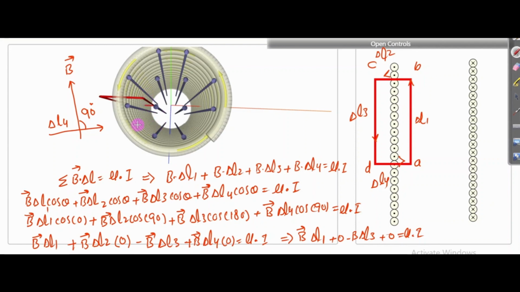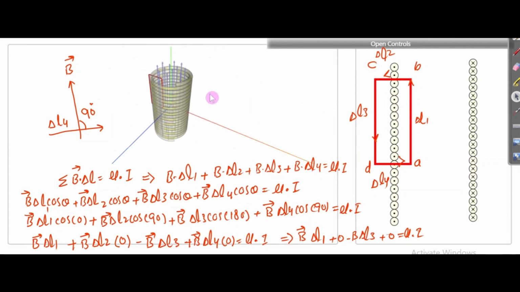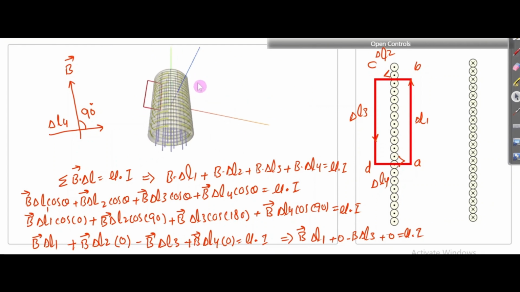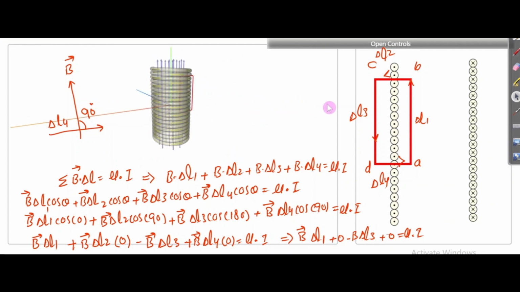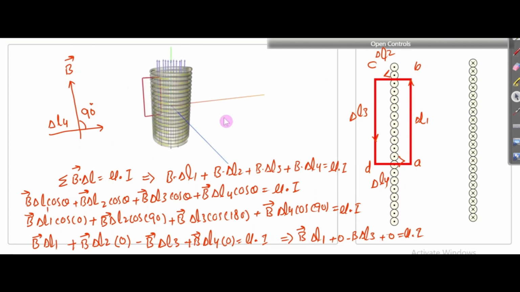And we know that for the ideal solenoid, as I discussed before, the magnetic field is stronger inside the solenoid, where it is parallel, and the magnetic field outside of this ideal solenoid will be 0.